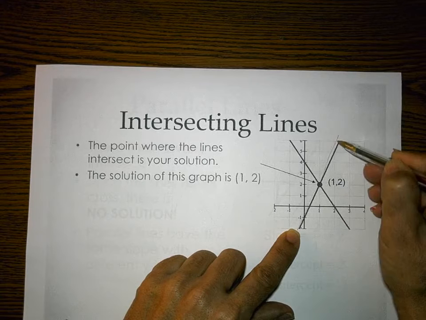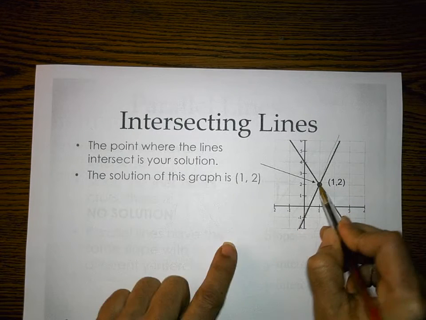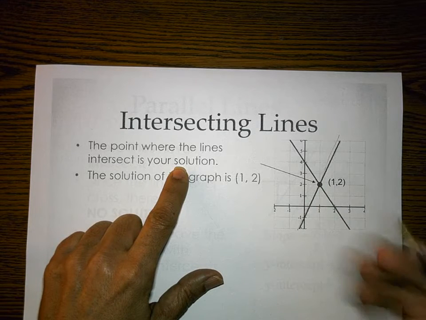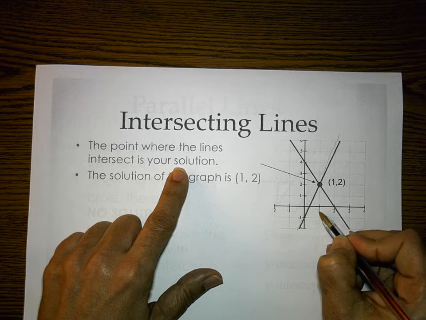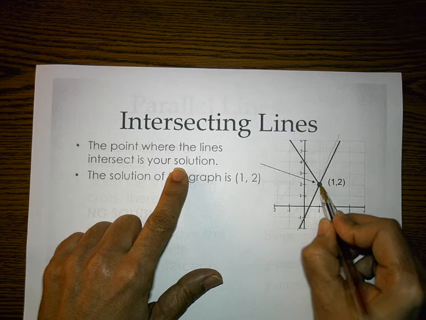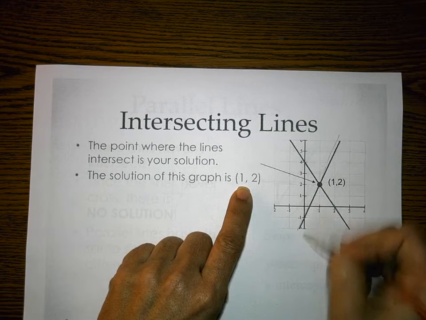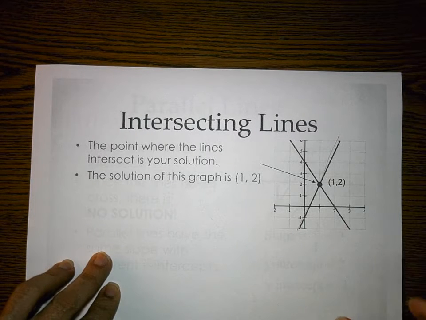The point where they meet is the solution for these 2 lines. If you give me this graph, I quickly see they meet at x equals 1 and y equals 2. So the solution for this graph is (1, 2). That's what we're looking for.